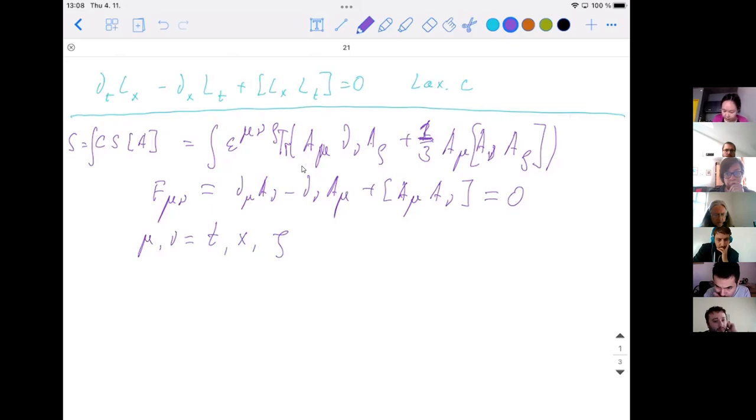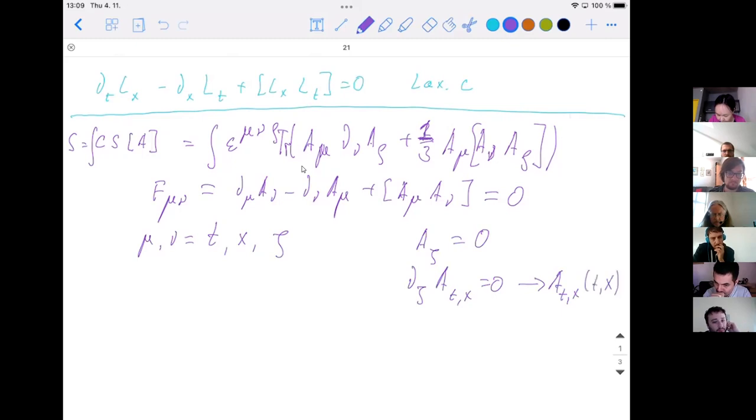And then if we fix that third dimension, the actual axis, we can also write this, and then this will depend on just this, and this equation looks more like the Lax connection.